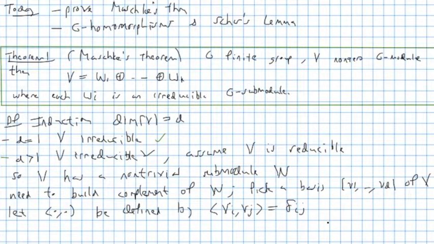So if vi and vj are the same, 1, otherwise 0. But this is not necessarily G-invariant.